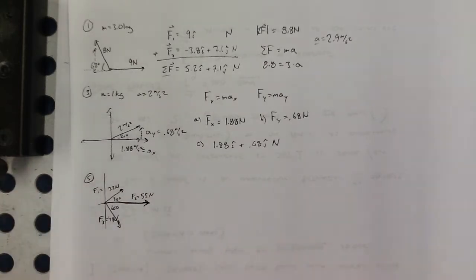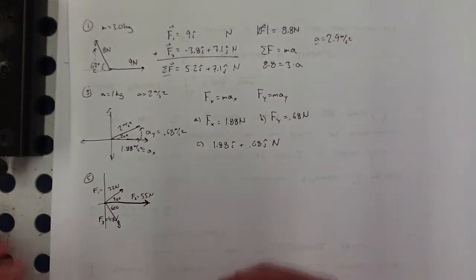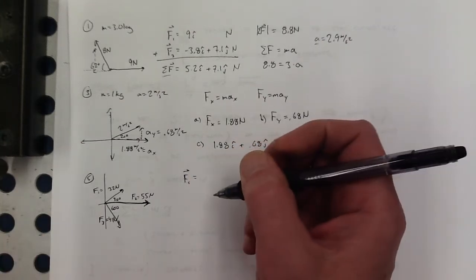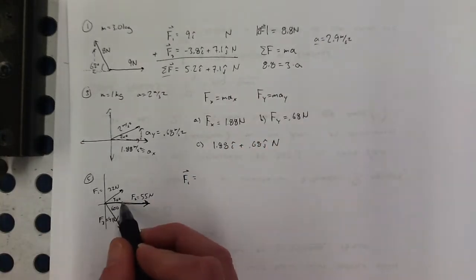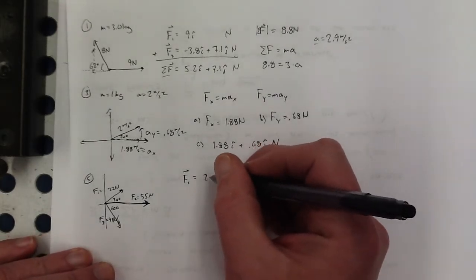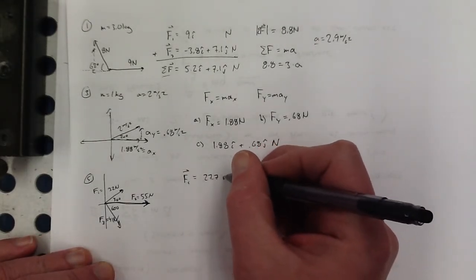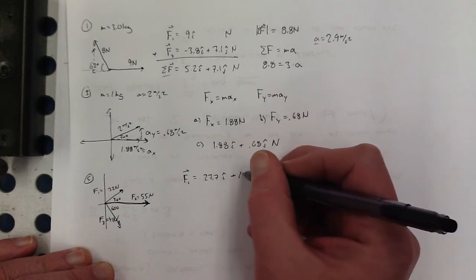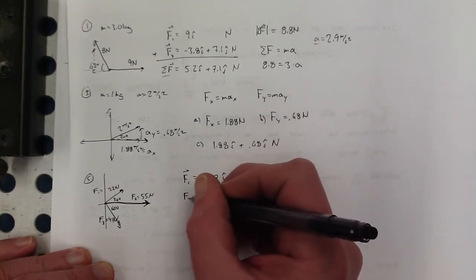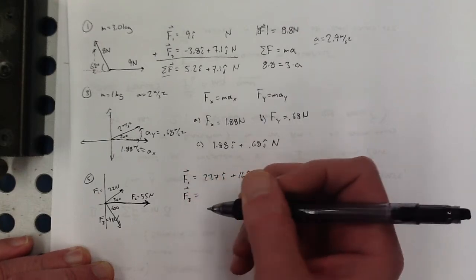All right, and we want to add those up, so let's do that. So here, F1 is going to be both positive components. 32 times the cosine of 30 is 27.7 I plus 16J. I know some things about special angles.